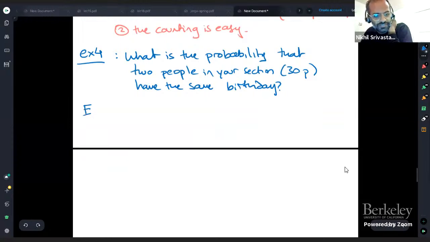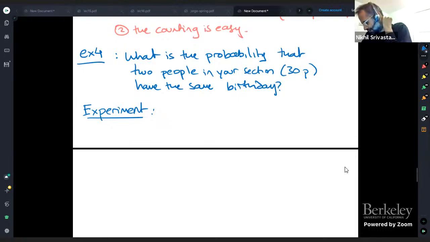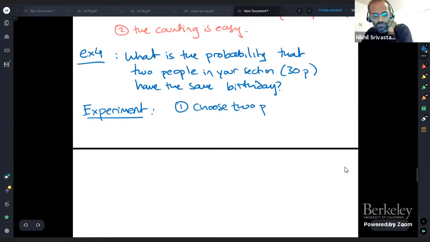So what's the experiment here? Just choosing 2 people from your section. That's a very good option. So choose 2 people. Let me make it clear that there exist 2 people in your section with the same birthday.